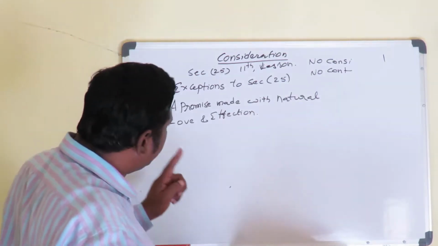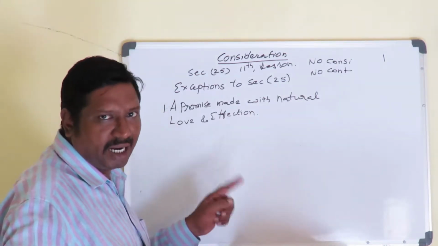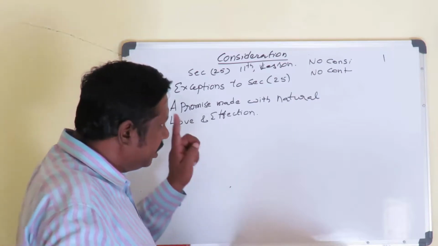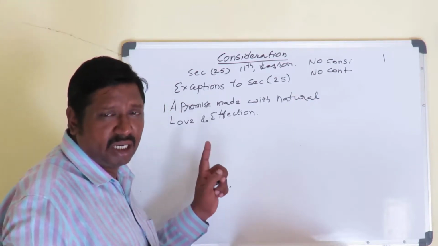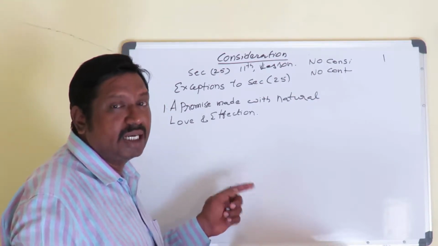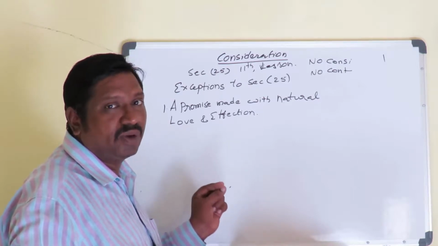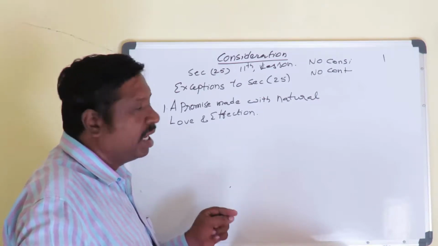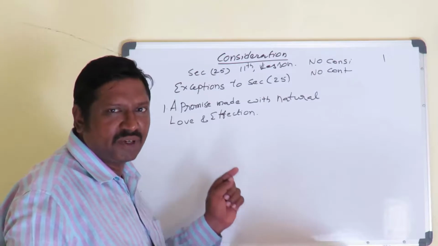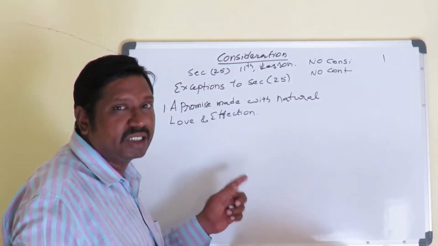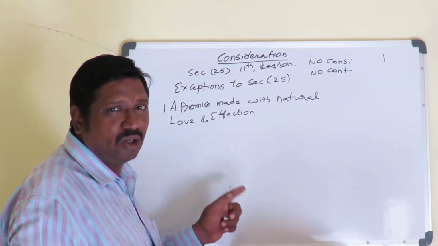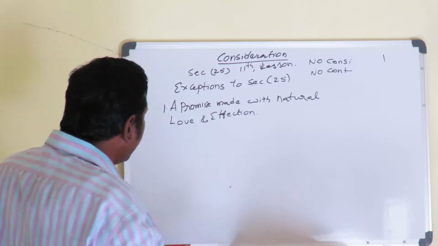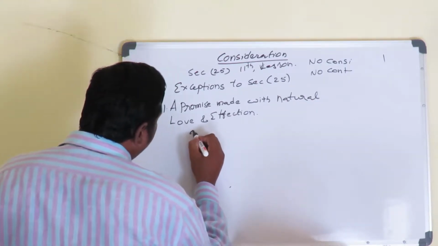A promise made with natural love and affection must be supported by a few other conditions also. Until and unless other conditions are satisfied, it will not create any legal bind on the parties. What are those legal formalities?